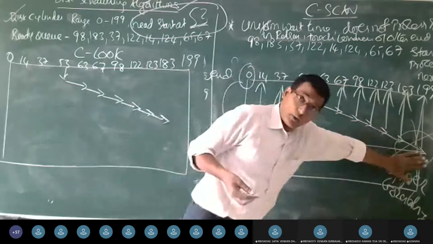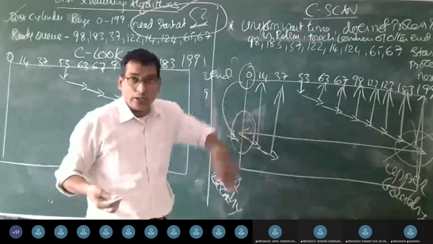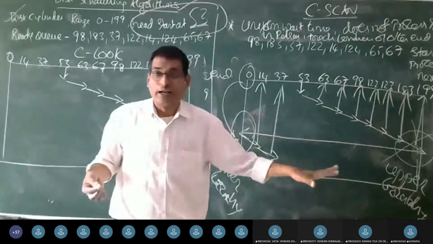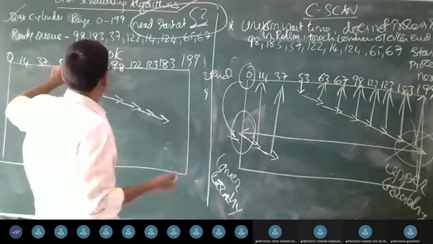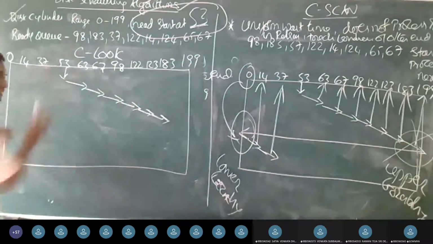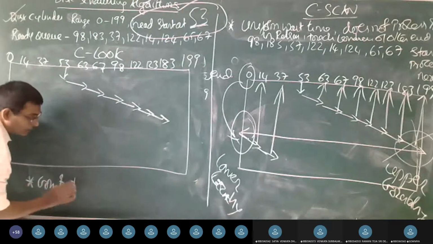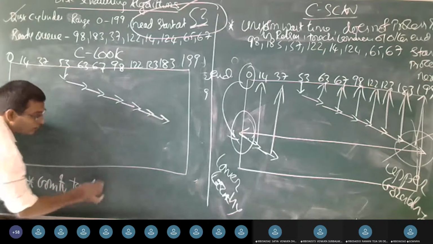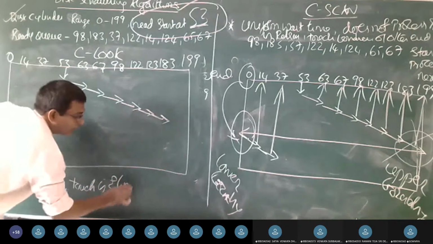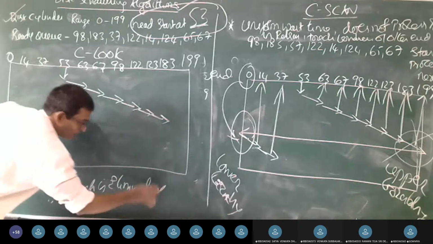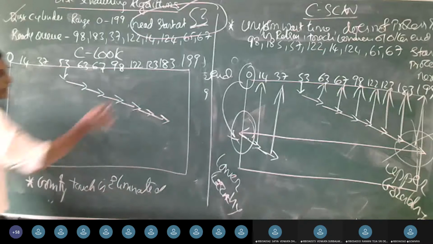So touching the lower boundary and the upper boundary is eliminated, and that is what we take in C-look. So boundary touch is eliminated here.